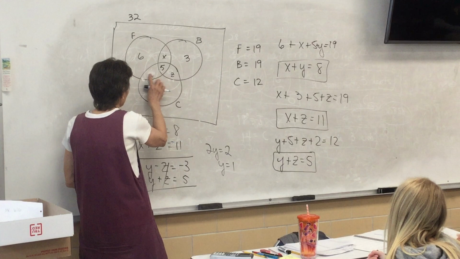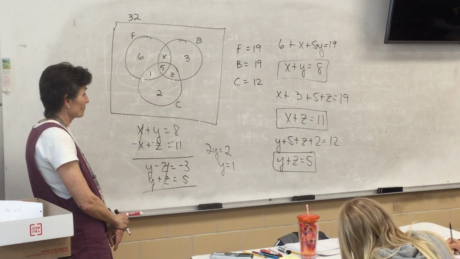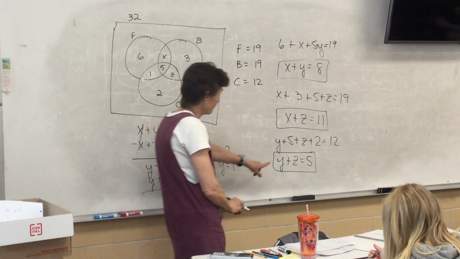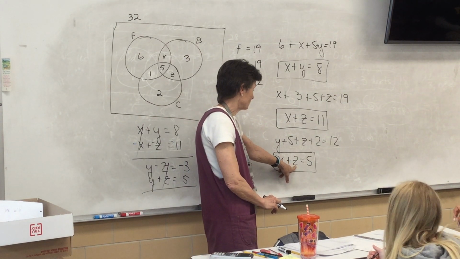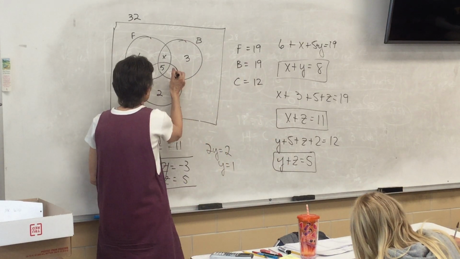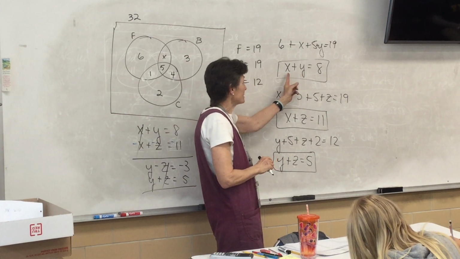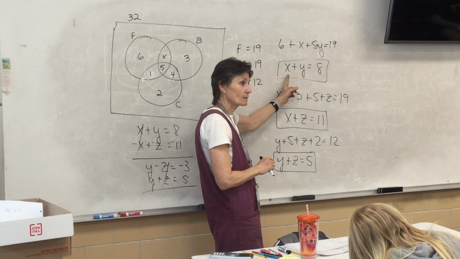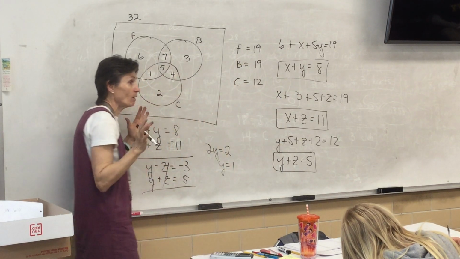So this little guy right here is 1. Well, wait a minute, if Y is 1, what does Z have to be? 4, so this little section is 4. And if Y is 1, what does X have to be? 7. And now I know everything I need to know.